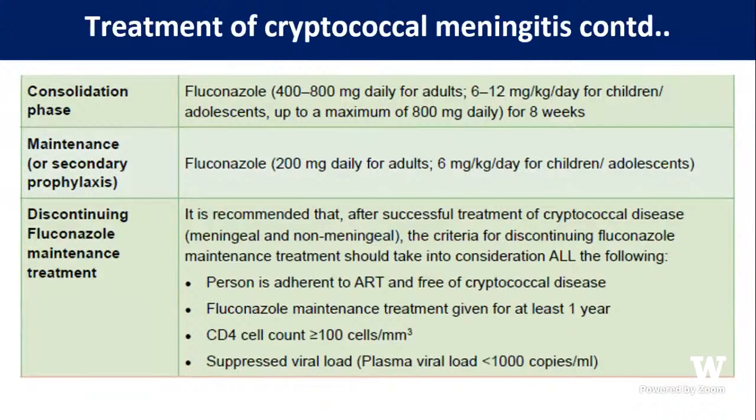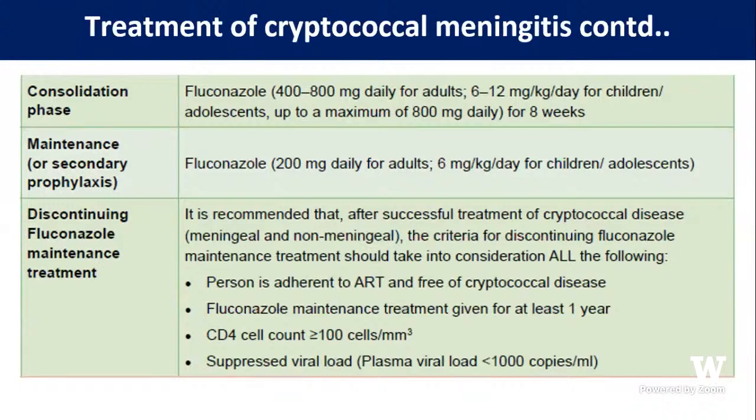And when do you discontinue secondary prophylaxis? That means this is a patient who has had CM and you are giving secondary prophylaxis with fluconazole. It is recommended that it can only be discontinued if the patient is adherent to ART and is free of clinical cryptococcal disease, has been given for at least 1 year, CD4 count is more than 100 cells, and the patient has a suppressed viral load of less than 1000 copies per ml.